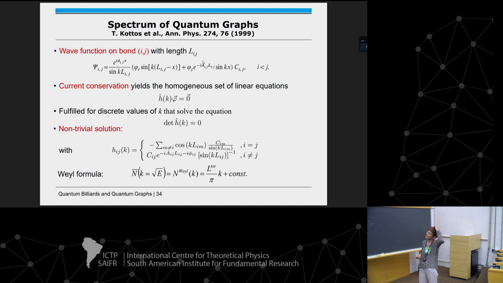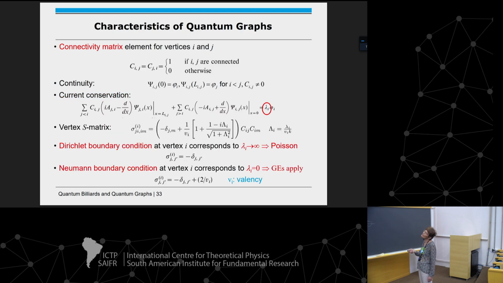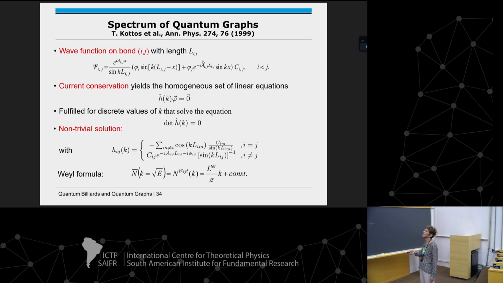Now to fulfill the current conservation, one just inserts this expression, the Z1, into this equation here, and then one can derive a matrix which I call H hat of k. So it's similar to a Hamiltonian. It has a very simple structure, because the entries are just cosine functions and sine functions.